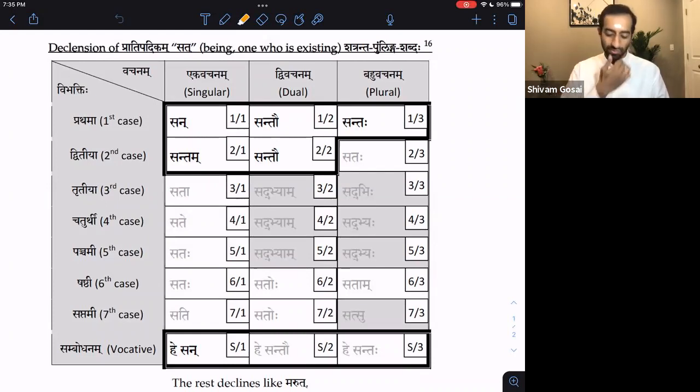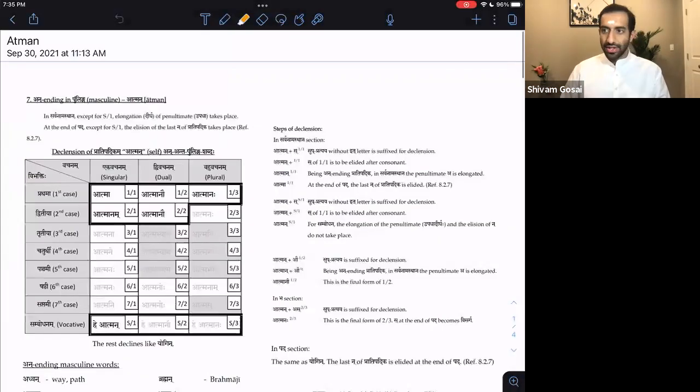Okay. So we're going to switch over to Atman. This is in your book, let's find it. Page 140, and 141. So those few pages.